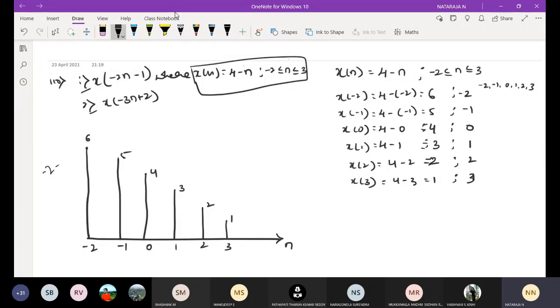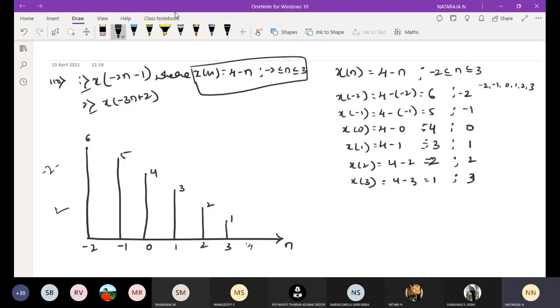Please, can anyone speak out whether you got it or I need to solve? Yes, sir. Got it, sir. What are the limits for time shifting? Case 1, minus 1 to 4, sir. Minus 1 to 4. Just move the original signal by one step. From minus 1 to 4 means minus 2 will come to minus 1, minus 1 will come to 0, 0 will come to 1, 1 will come to 2, 2 will come to 3, 3 will move to the 4th place. Because of this we get minus 1 to 4.